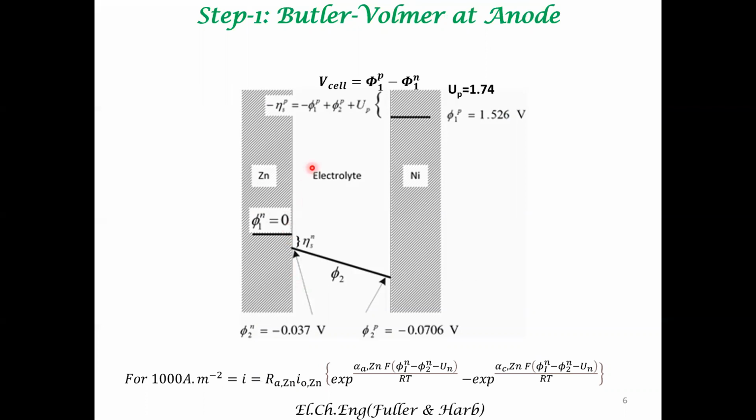So step 1 is what you do at the anode. What is the unknown here? This is the unknown. I know this. Given the current density of 1000 ampere per meter square, that is the I, I know the underlying equation, which is the Butler-Volmer equation. So this is known, this is known, this is also known, this is known, this is known.